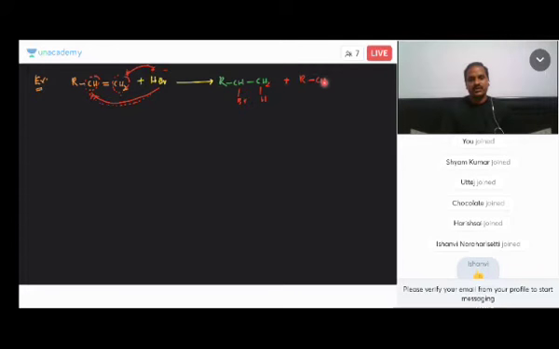Another possibility is R CH2 CH2 Br. Therefore, this follows Markovnikov's rule. This compound is major and this compound is minor. And this product is said to be the Markovnikov product.